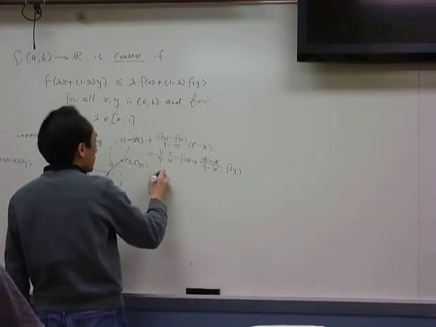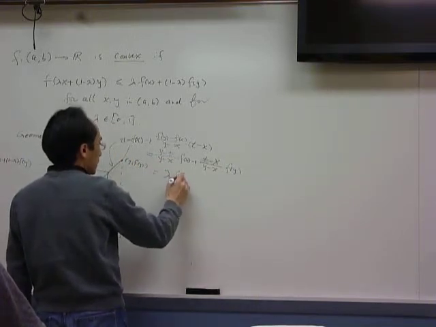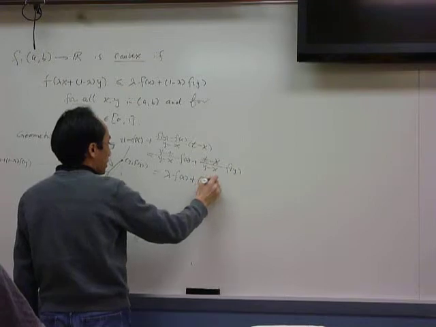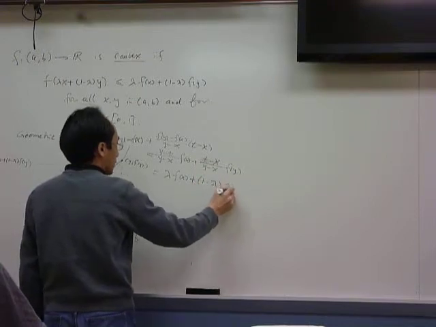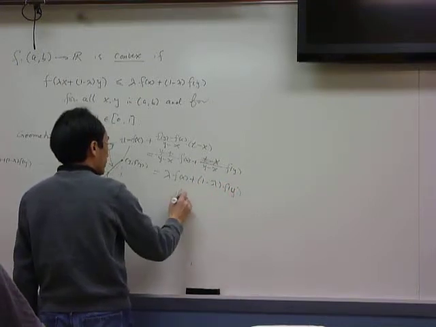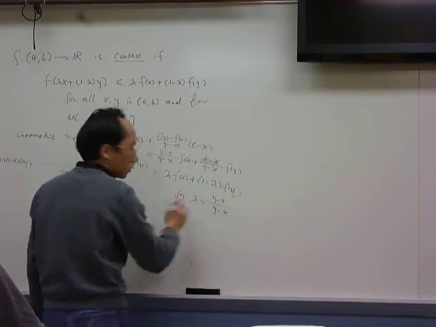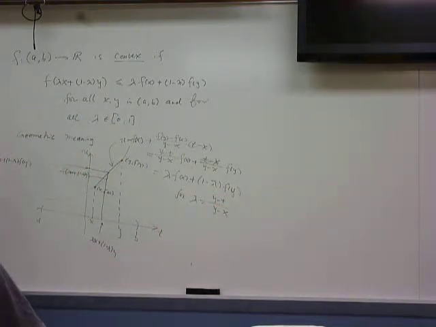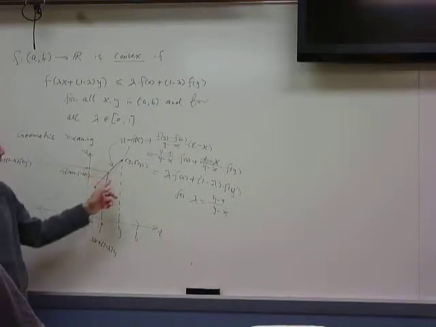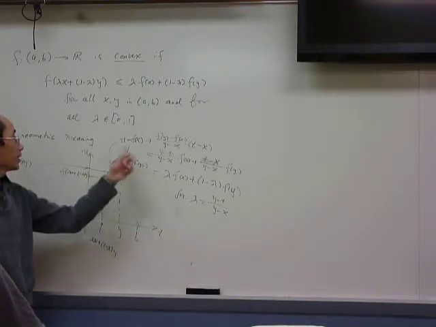If you call this lambda, this is just 1 minus lambda. Okay. So for this lambda, then u is this.